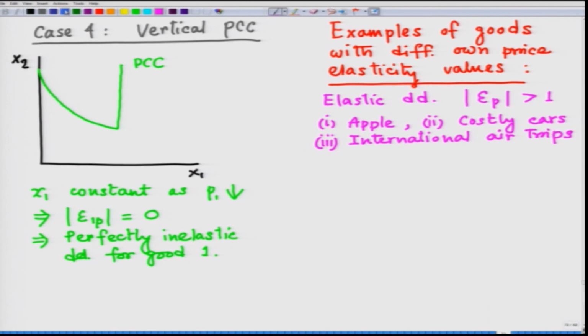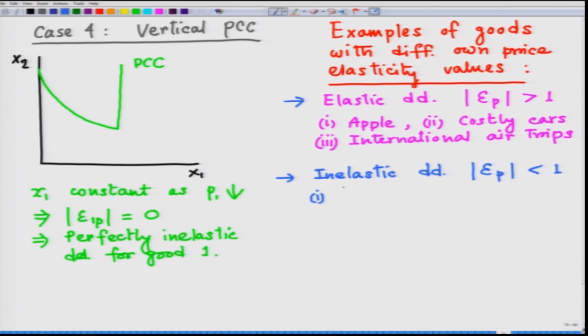Now, we are going to give you some examples of the other part which is inelastic demand. So, for that the mod value of own price elasticity is less than 1. What could be different examples?